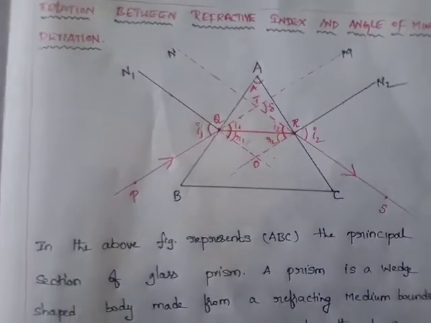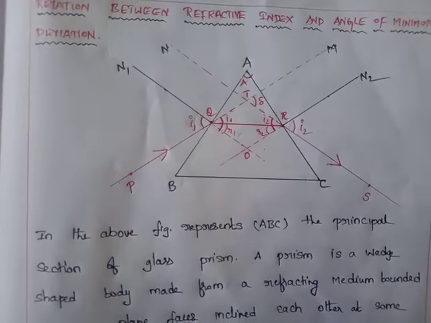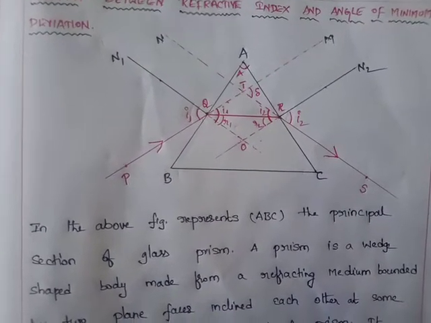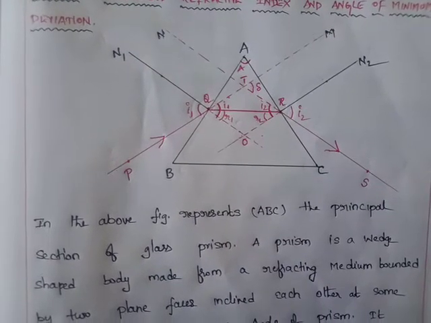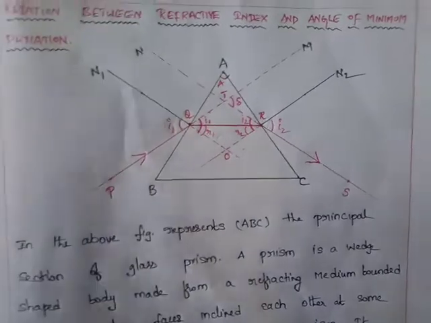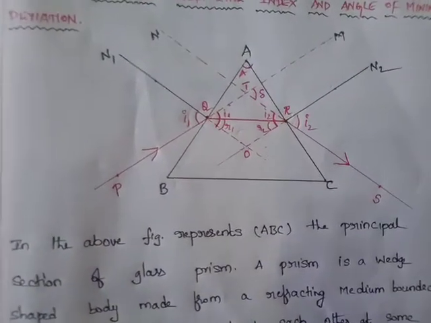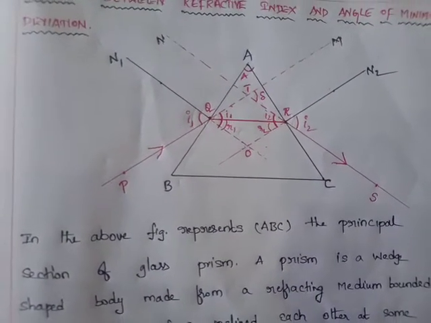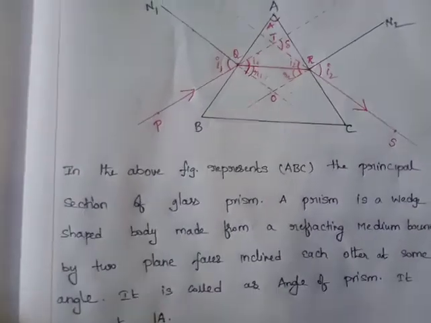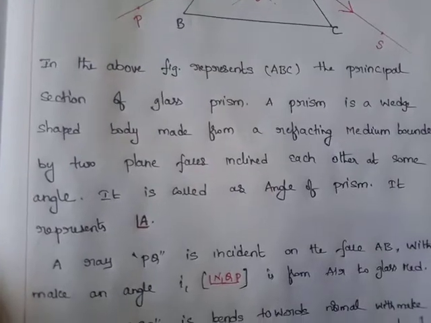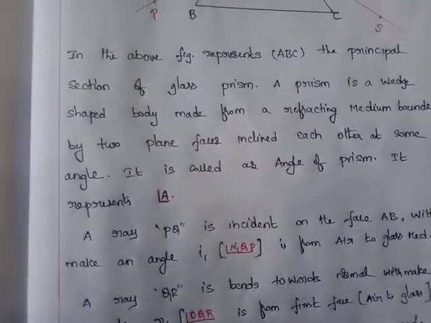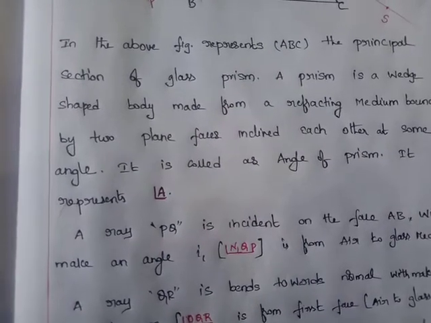Now let us see. Angle A is the angle of the prism, angle I1 and angle I2 are the angle of incidence and angle of emergence, and R1 and R2 are the angles of refraction at faces AB and AC. In the above figure, ABC represents the principal section of the glass prism.